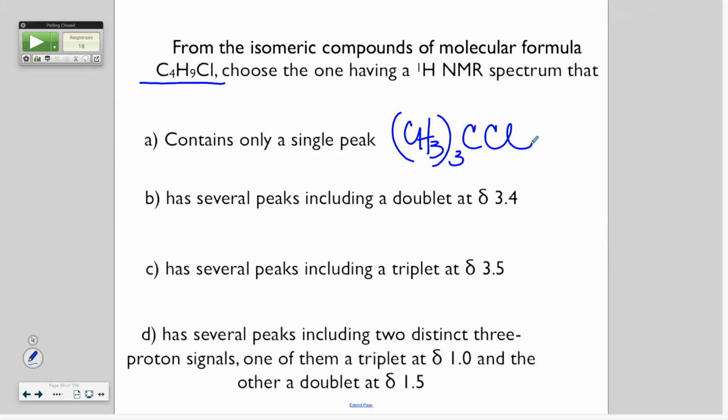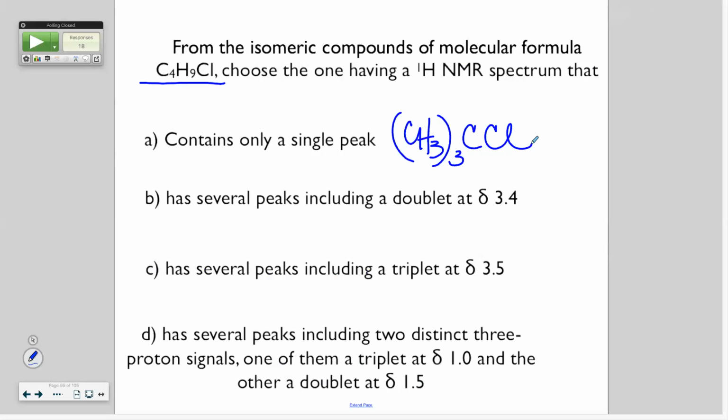What are you thinking? Which one of these would have a doublet at 3.4? Okay, so we use this one, so I'm going to put a little check by it. You know it isn't that. So what does a doublet mean? It means it has how many neighbors? 1. Remember that neighbors plus 1 gives you the splitting.